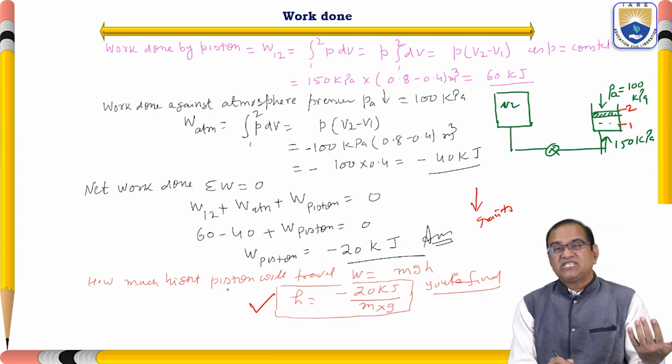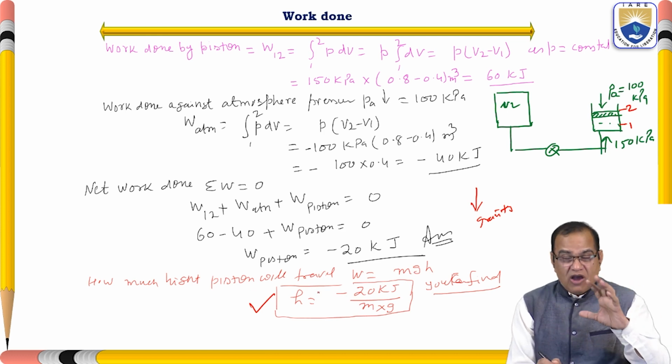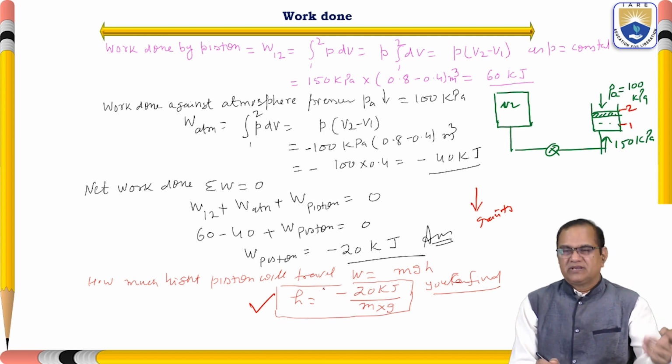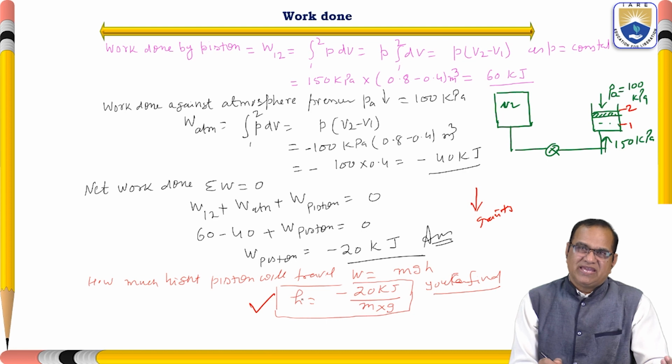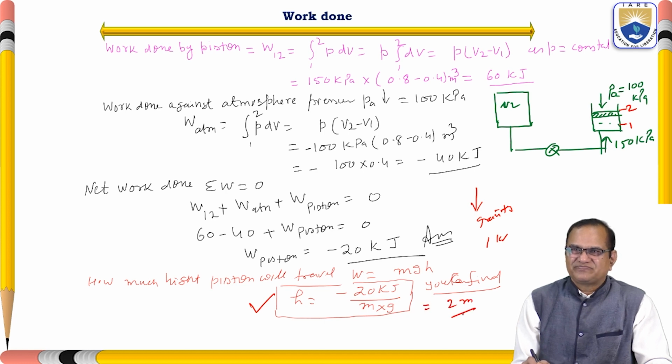And how much distance it will travel, that is not asked in the question, but you can find it by H is equal to minus 20 kilojoule by mg. If you assume 1 kg, so 20 by 1 into 9.8, nearly 2 meter.